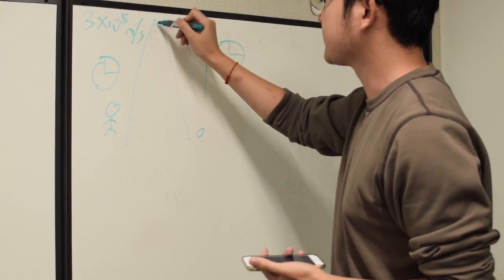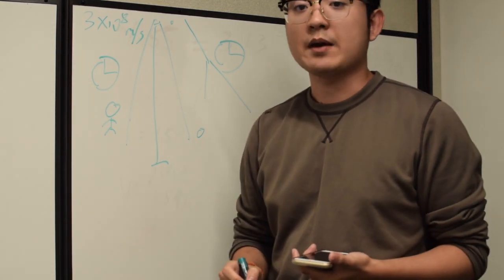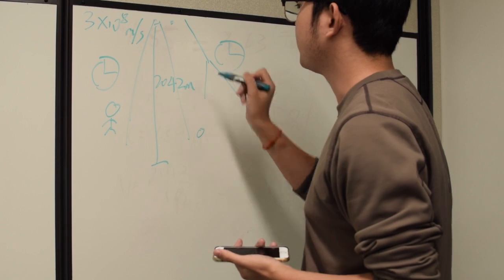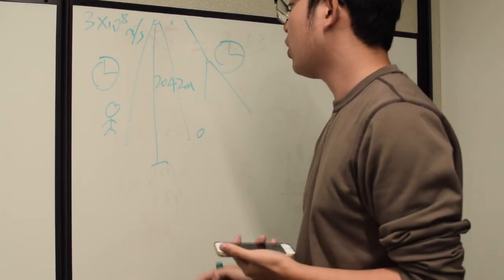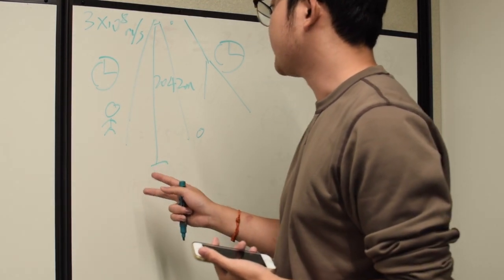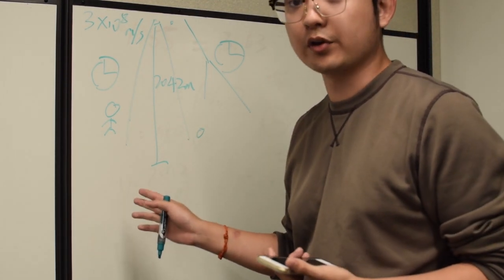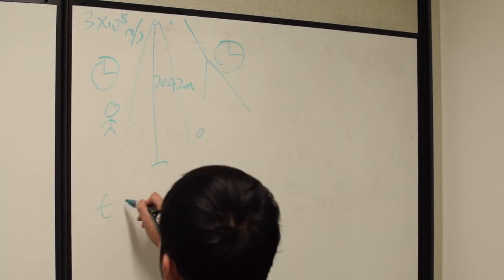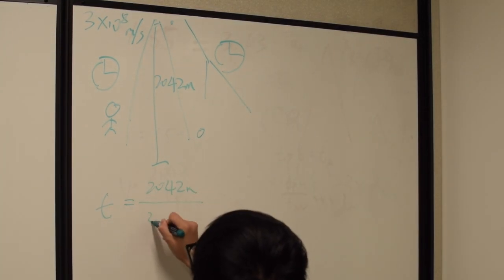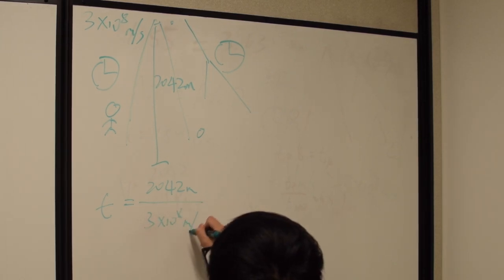We also know the distance between the campus and the mountain, which is 2042 meters. So from our observer's point of view, the actual time for the muon to travel is the distance divided by the speed of the muon.